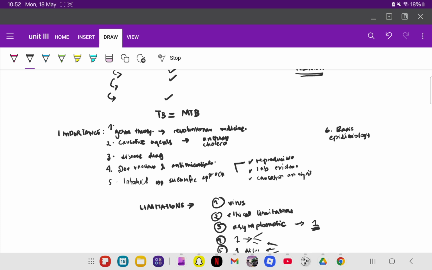And last point, it introduced an experimentally scientific approach in infectious disease research, right? Because when you perform these steps, or you work by these postulates, you're following a very reproducible protocol, and this relies on lab evidence, not general understanding or observation.